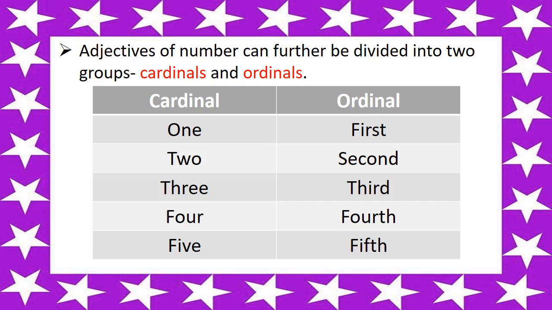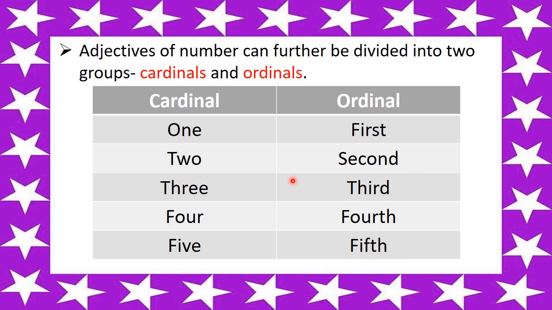Adjectives of number can be further divided into two groups, that is cardinals and ordinals. So cardinal: 1, 2, 3, 4, 5, and ordinal: first, second, third, fourth, fifth.